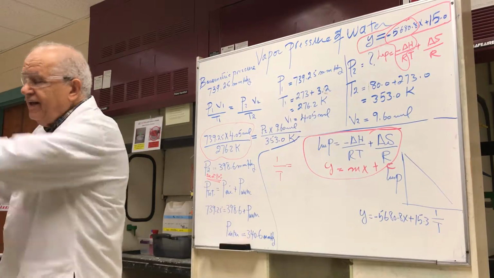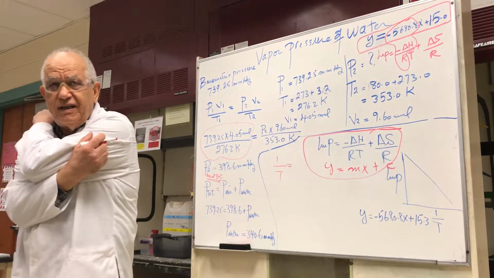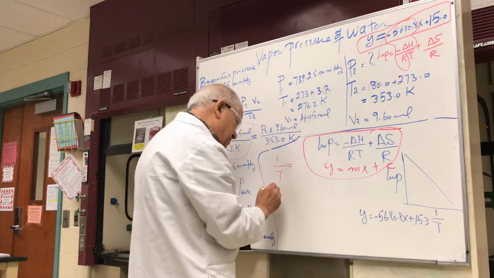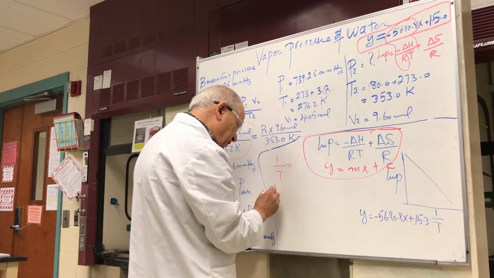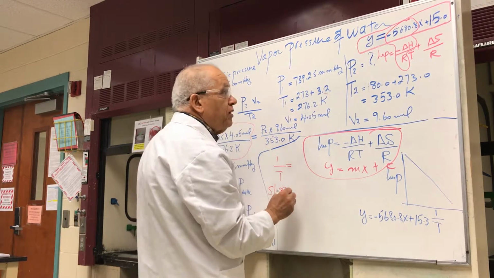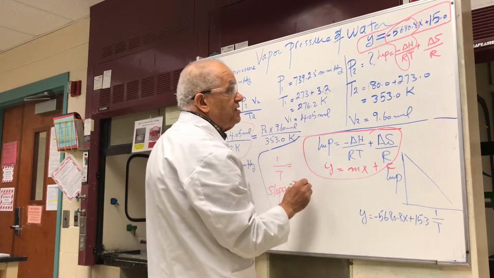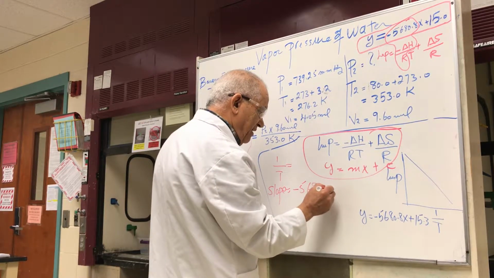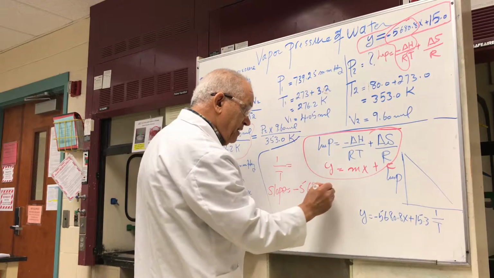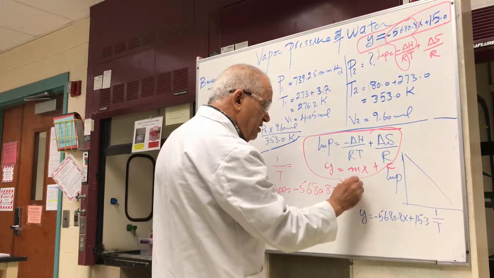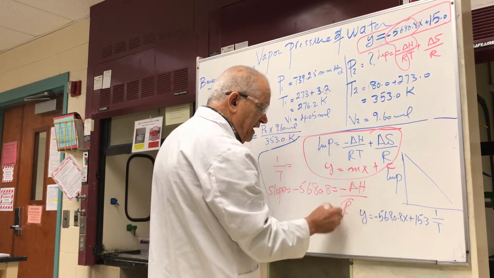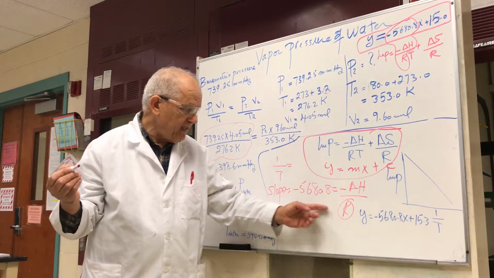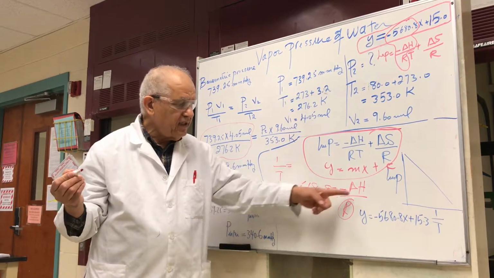Confusing? Not clear? I go and find the slope. My slope from my linear equation equals minus 5,680.8. What's the slope equal? The slope equals minus delta H over R. R equals 8.314, and you multiply that and you find delta H.